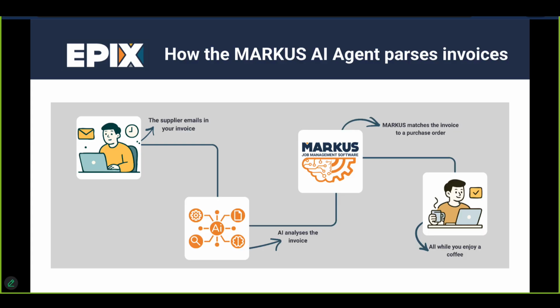It will read it, interpret the data on that invoice and match it up with a purchase order that's in the system. That will then return it back to our system and import it matched against the PO with all the values recorded against it, the right supplier and everything else. I can show you how that works, but essentially all of that will happen whilst you are making a brew. All that process that you would normally be doing yourself is done for you.